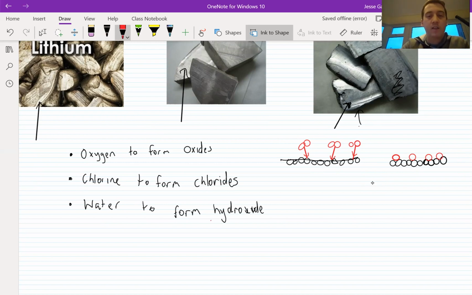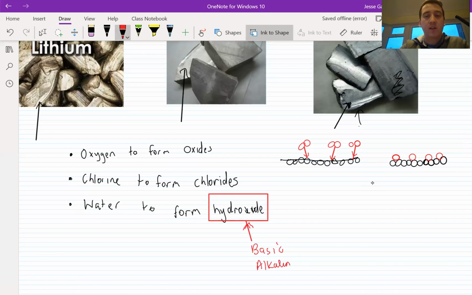But this here, this is what gives them their name. When scientists were first studying these reactions, the metals with water, for example, hydroxide is a basic substance, or what we call an alkaline substance.